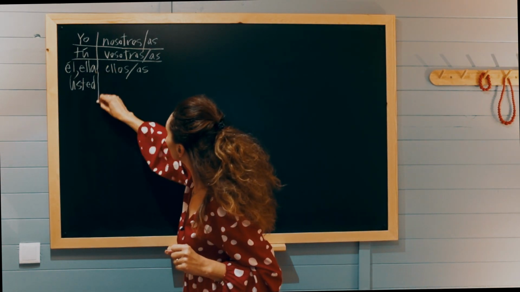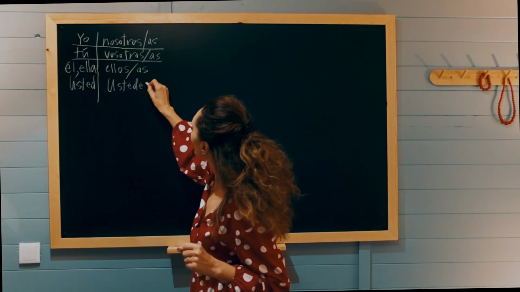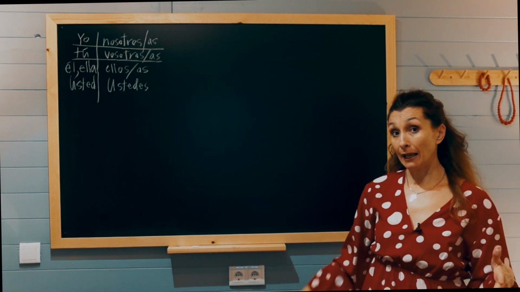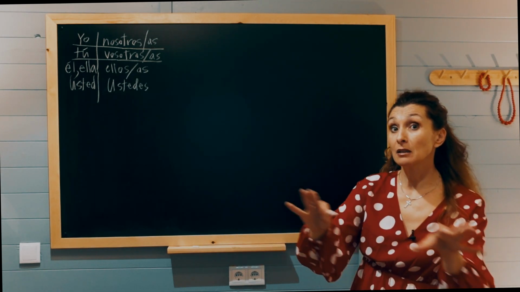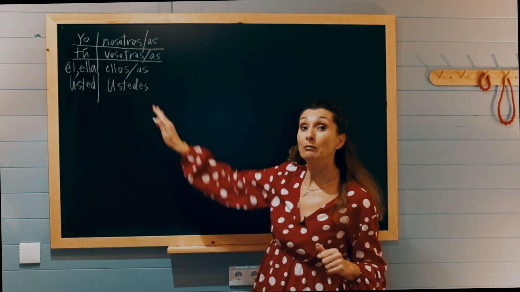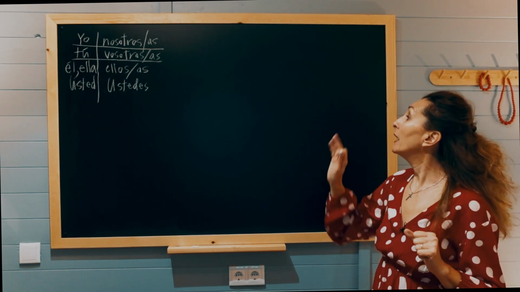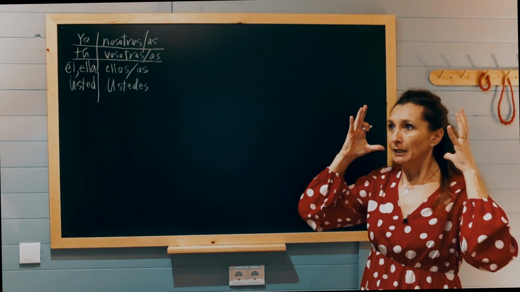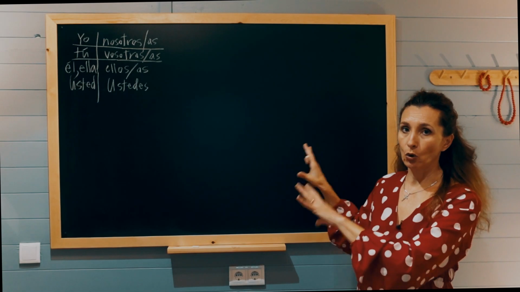Okay, so if I'm talking to maybe a couple or even a group of people, and I'm not on first name basis with them, they're all Misters and Mrs., then I will address them as ustedes. Okay, good. This is the grid. This is something that you have to keep in your mind when you are learning, practicing your conjugations.